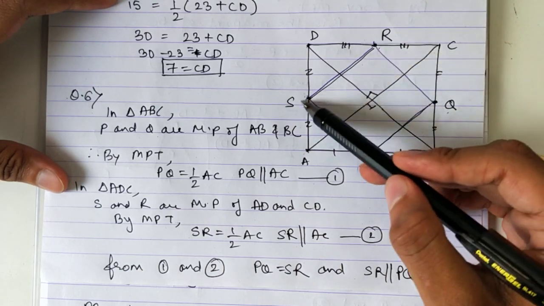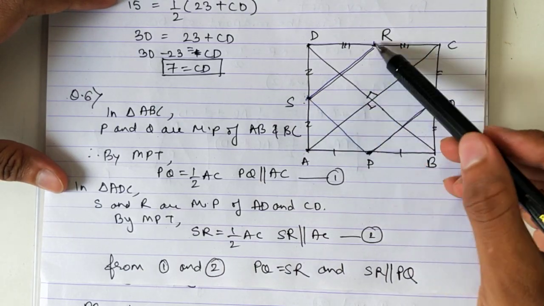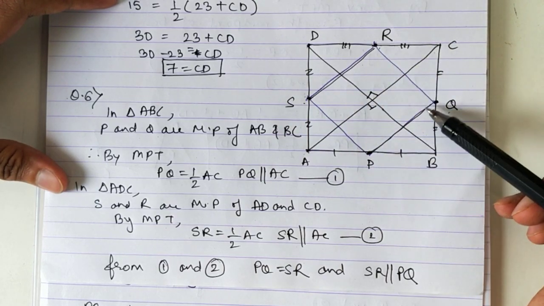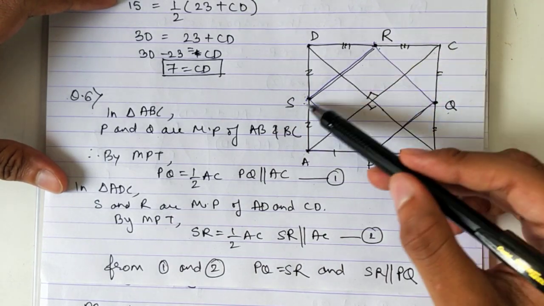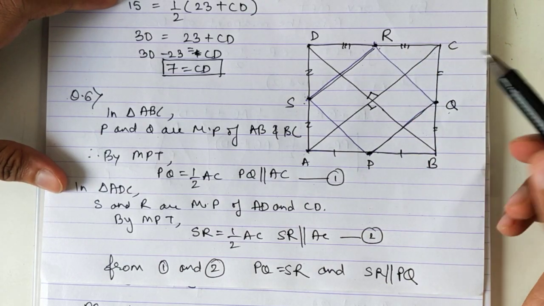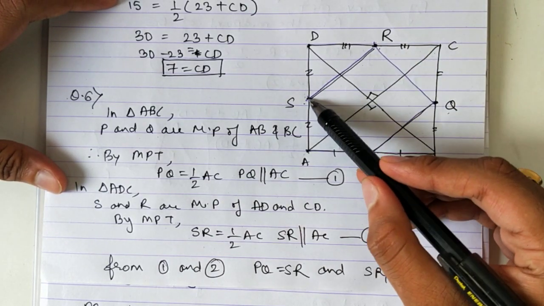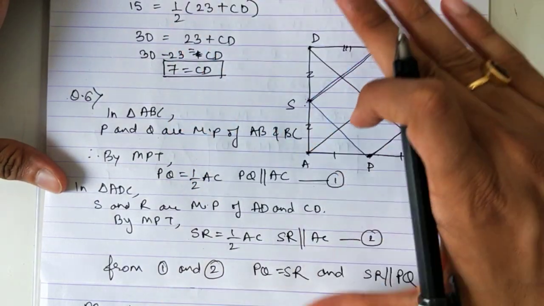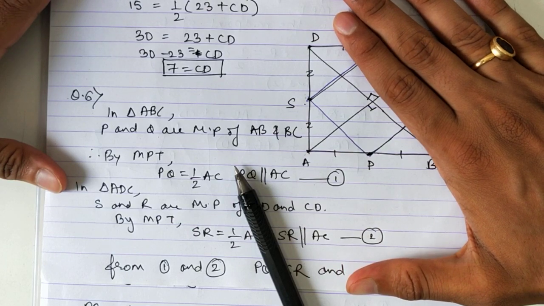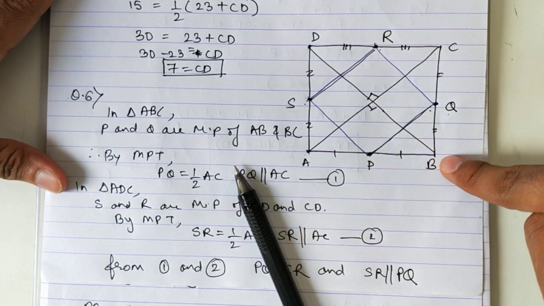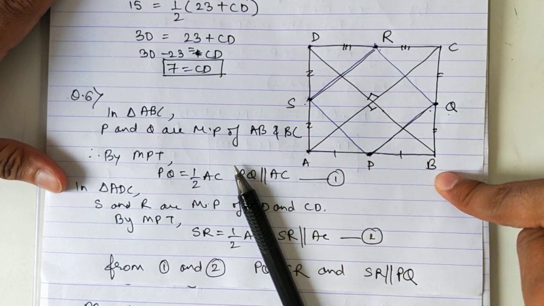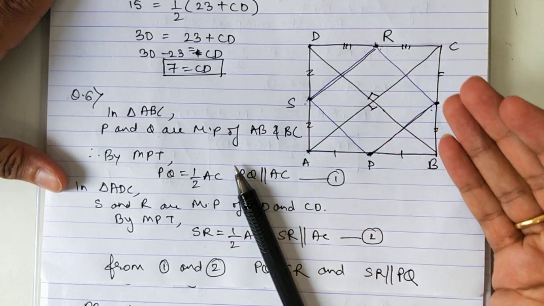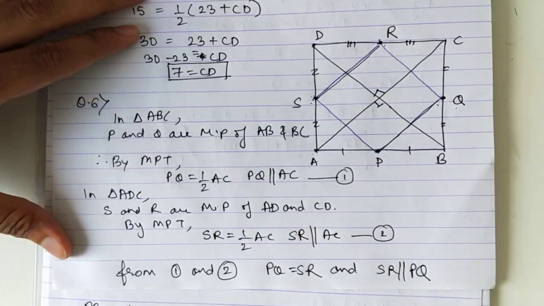So whenever in a quadrilateral, if you get that two sides are parallel and equal also, you can say that this is a parallelogram. Similarly, you can take this triangle and this triangle, and you can prove that SP is half of BD, RQ is half of BD. So therefore SP and RQ are parallel and equal. So you don't have to do that again, you just have to write similarly. So I'll show you.